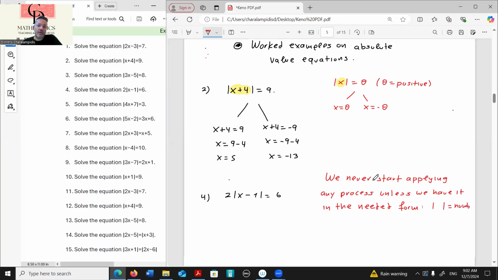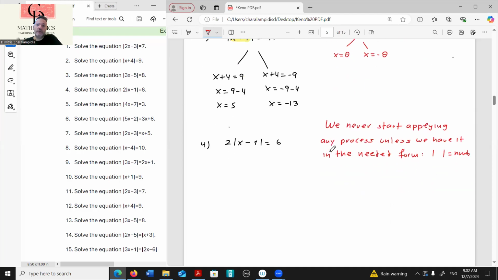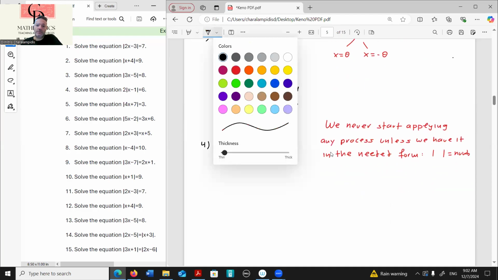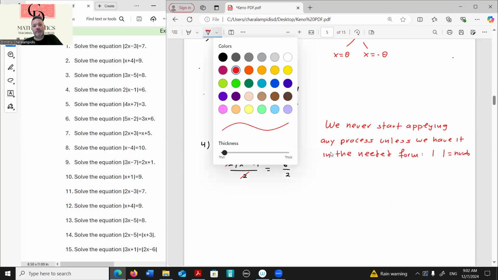So what should I do in this case? I should solve first for the absolute value. So this means that I should begin by dividing both sides by 2, since I want these 2's to be simplified.